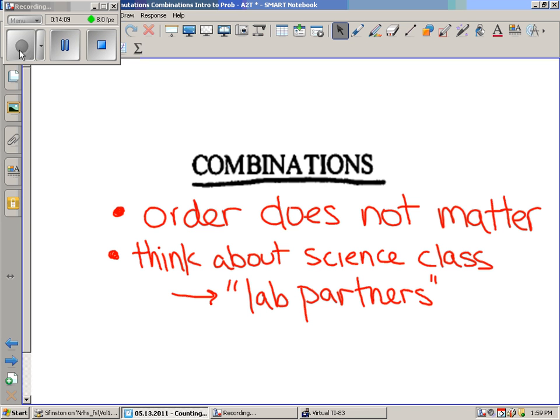Lab partners. If it's a question where you are just putting together groups of people and it really doesn't matter about the order, there's no positions like president, vice president, treasurer, there's no winning a medal first, second, and third, it's a combination problem. But if you are selecting people for positions, it's a permutation problem.